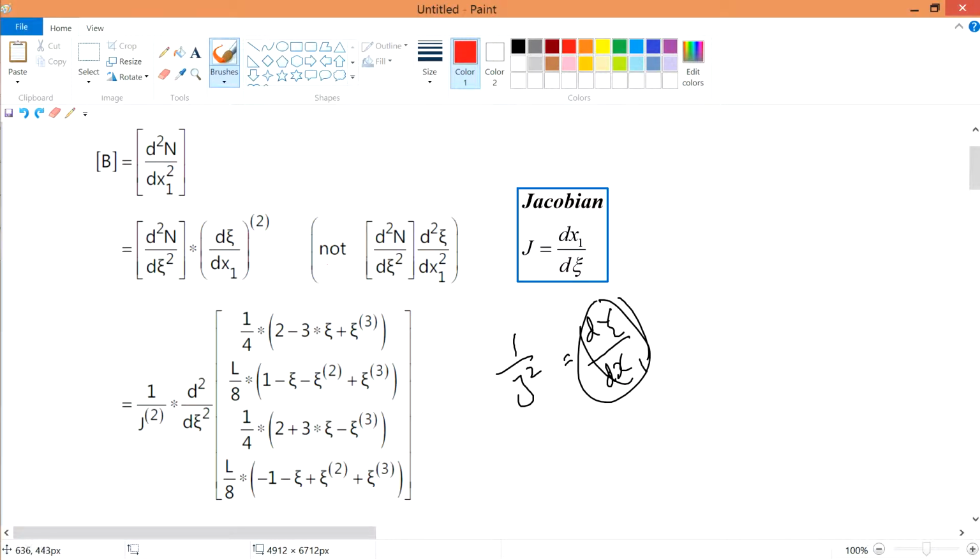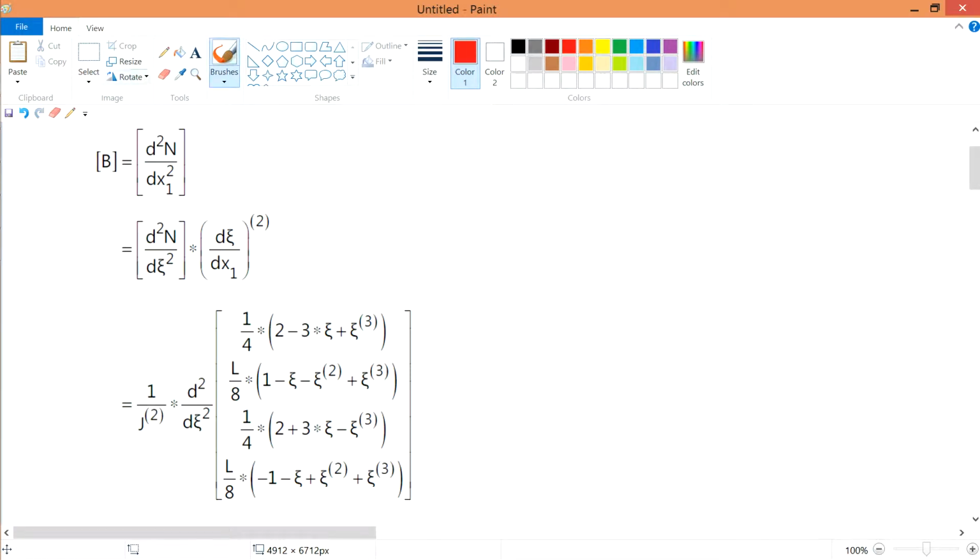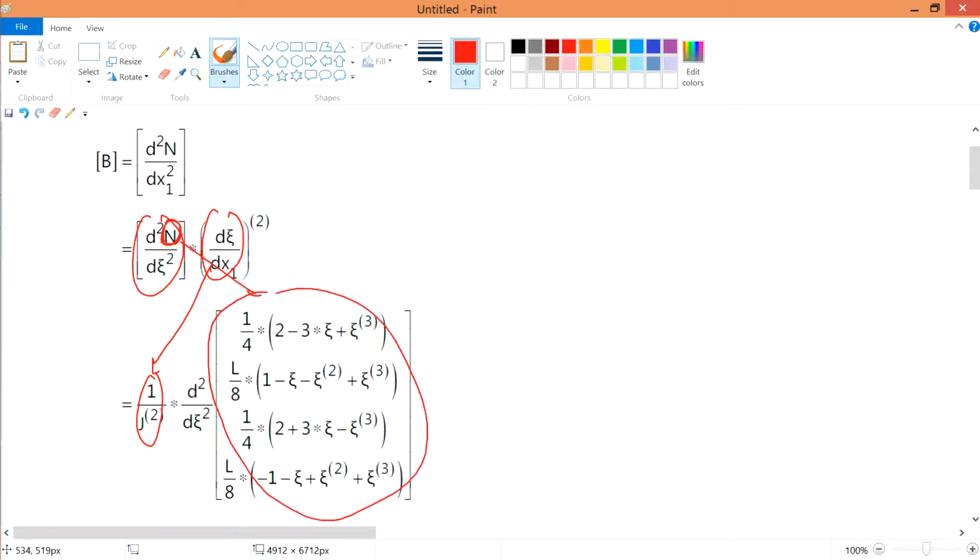If you find it very confusing, I'll remove this for a while. I'm simply taking this one and rearranging it to become this one. That's all. This part is simply this, and this part is this one, taking note that your N is this whole chunk over here.